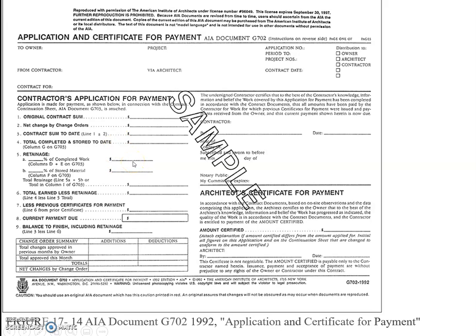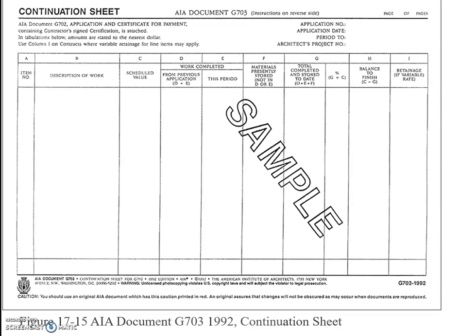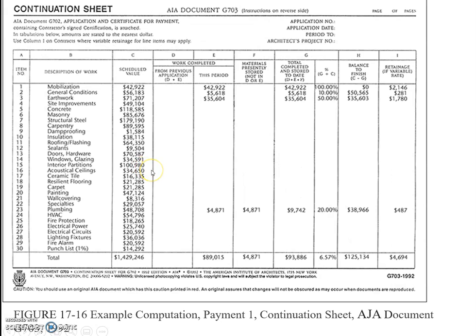Similarly, the information is about the payment computation, contractor's certifications, and architect's certifications. So this was the application and certificate for payment, and this is the G703 item, the continuation sheet, which is used for the previous chart.